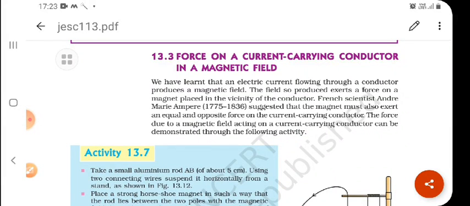If this current carrying conductor is now placed in a magnetic field, then it will experience a force which can either be attractive or repulsive. Whenever this current carrying conductor is placed in a magnetic field, it will experience a force, either attractive or repulsive.